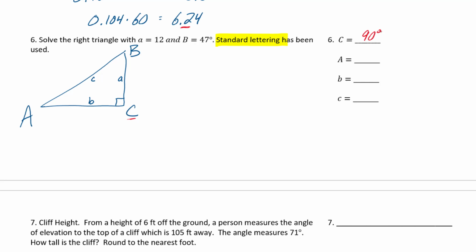And since it also provided me on the picture from the instructions that the angle B was 47 and the side A was 12, I should be able to answer what angle A is relatively easily just by doing the fact that triangles should add up to 180, and if one of the angles is 90, there's only 90 degrees left. So whatever 90 minus 47 would be, which in this case would just give us 43 degrees. So I know that my angle A is 43 degrees.